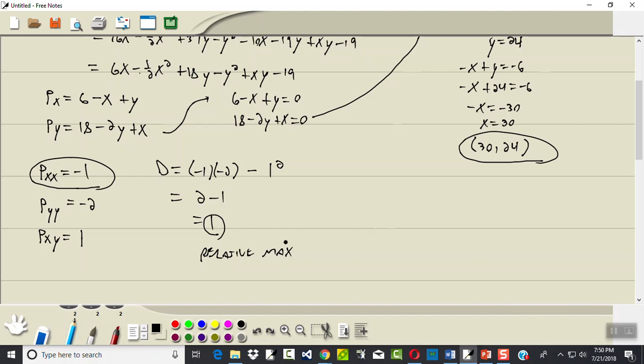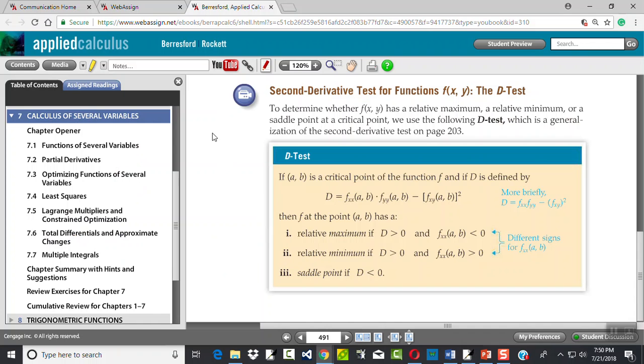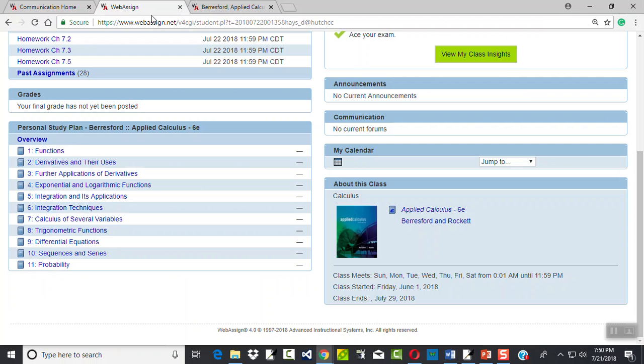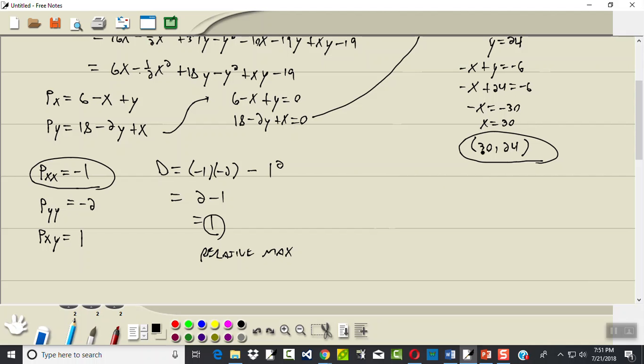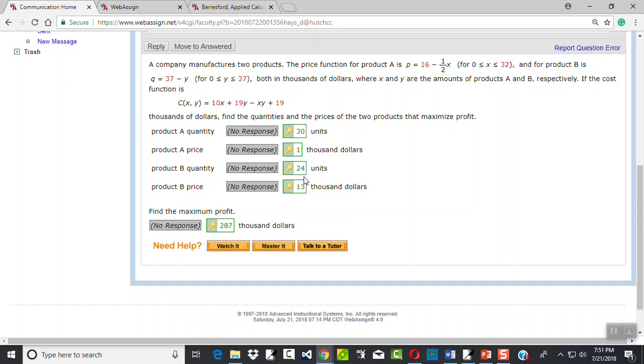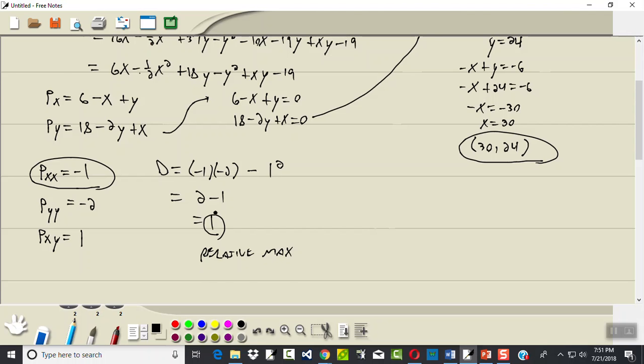Now let's see what all they're asking for, though. Here they're asking for the product A quantity and product B quantity, 30 and 24. Well, that's what we found right here. They're also asking us for the price. Well, we go up to our price functions for each one.